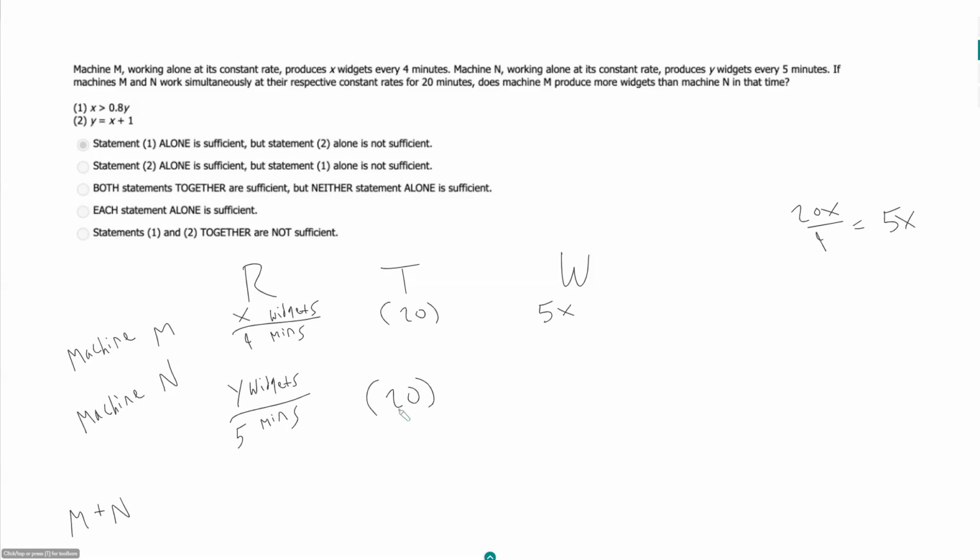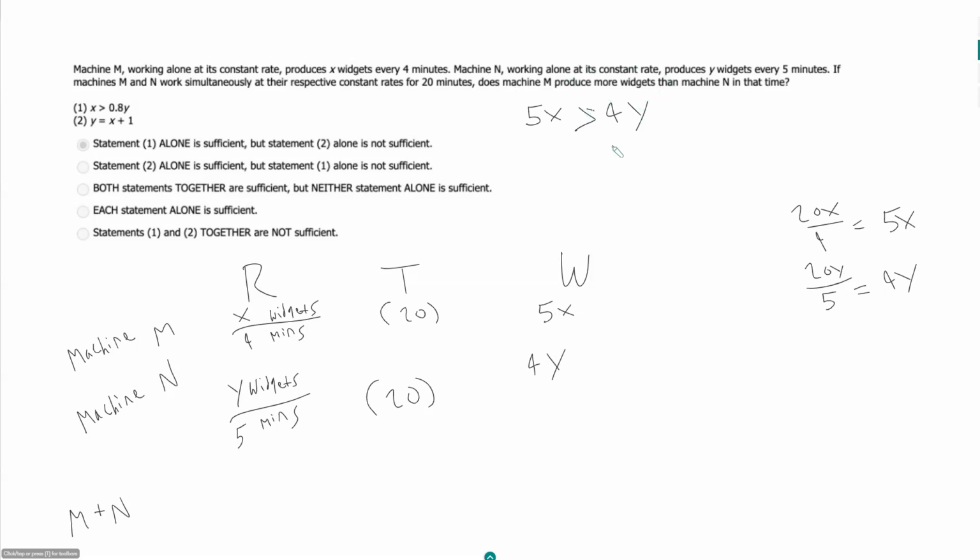And machine N's work is 20y over 5, which is just 4y. And so we can think of our question as being, is 5x greater than 4y?